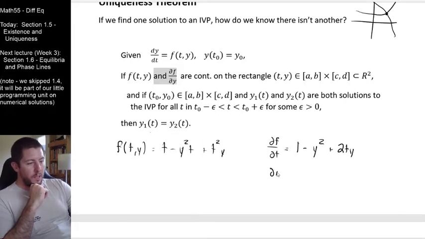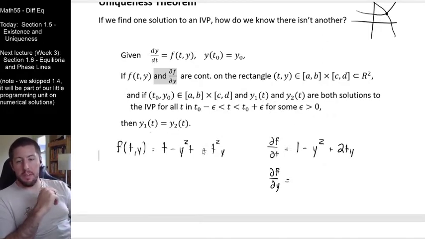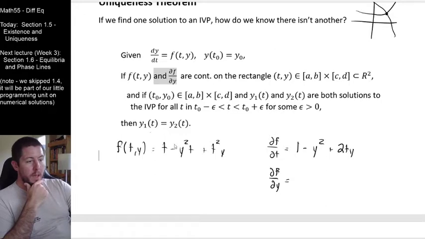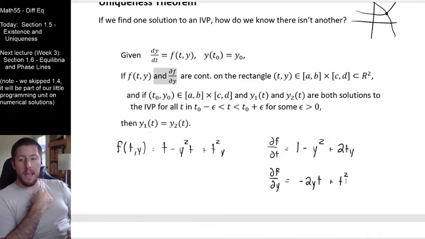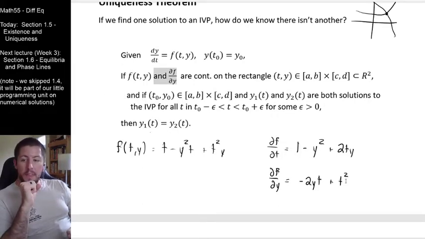On the other hand, if we took the partial of f with respect to y, this says assume t is a constant and just compute this derivative as if y was the only variable. That means t is a constant, so that goes to 0. I would get a negative 2yt, and I would get a plus t squared there. So when we do partial derivatives, we assume that this is the only variable that's changing, therefore all other variables are held constant.